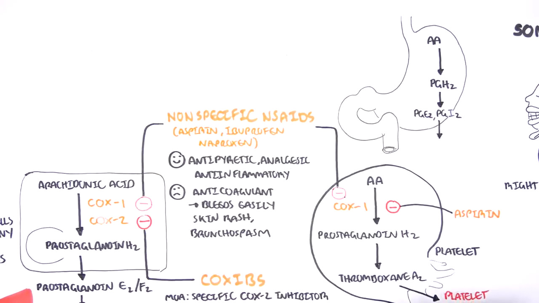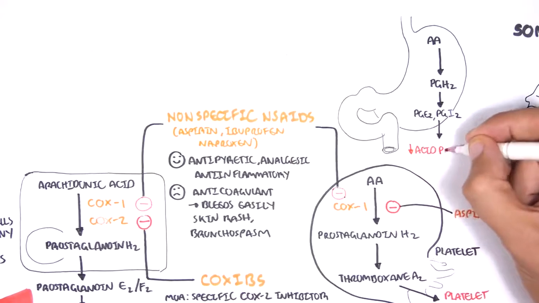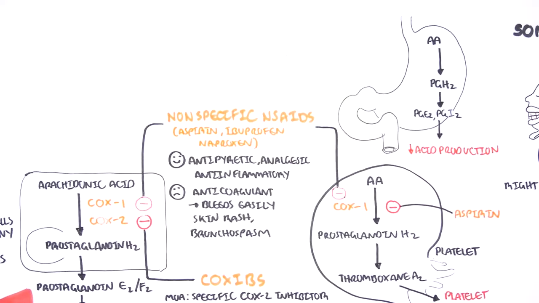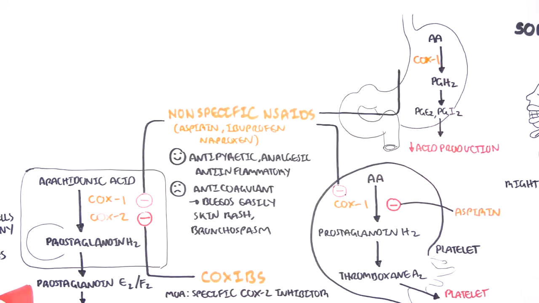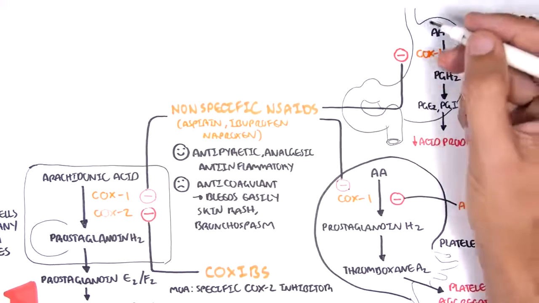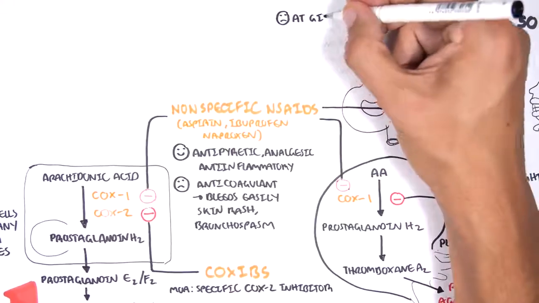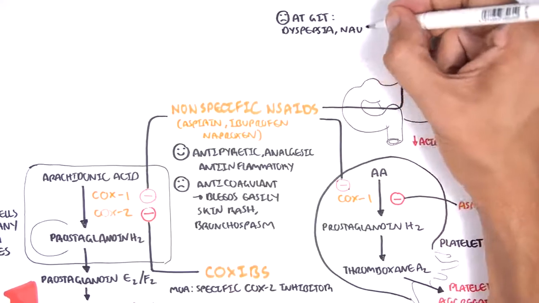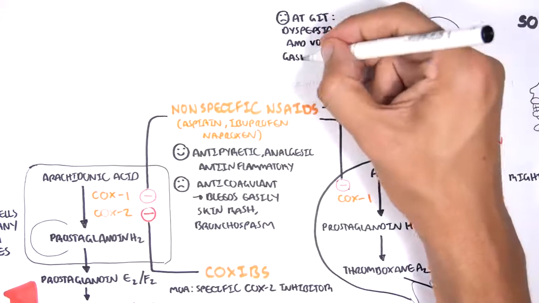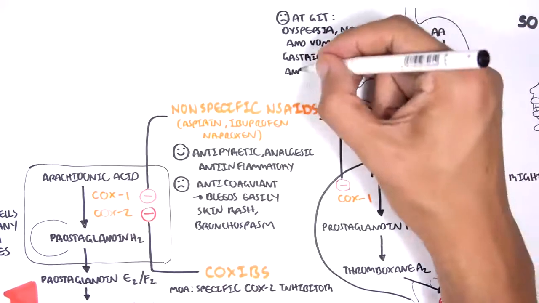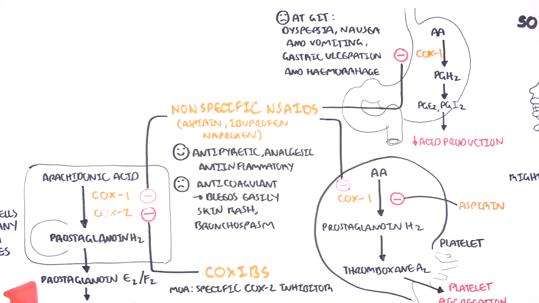These prostaglandins actually help decrease acid production in the stomach. And so by inhibiting COX-1 here, you are essentially allowing more acid to be produced in the stomach. So side effects include dyspepsia, nausea and vomiting, gastric ulcers, and hemorrhage as potential long-term, high-dose consequences.